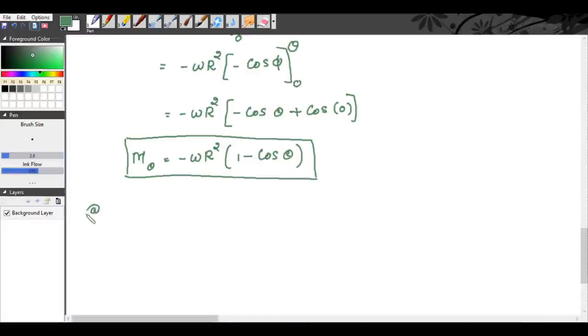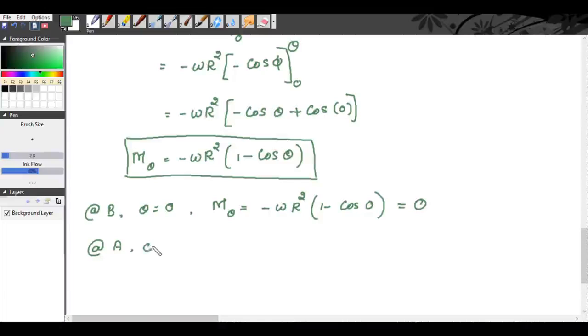So at B, theta is equal to 0, our bending moment at B will be equal to minus wR square into 1 minus cos 0. So cos 0 is equal to 1. So we get 0, 1 minus 1, 0.